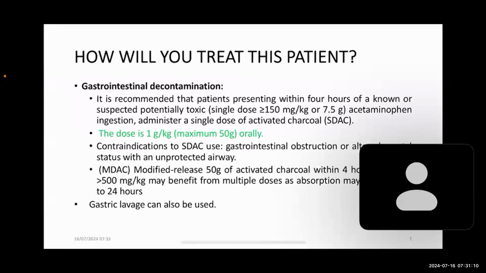Then, this patient presented within 4 hours. So outside taking the routine investigations like blood sugar, electrolytes, urea, creatinine, and urinalysis, we do gastrointestinal decontamination.